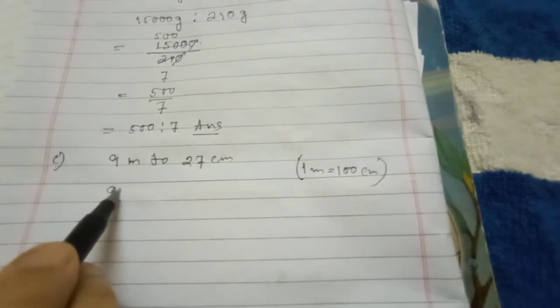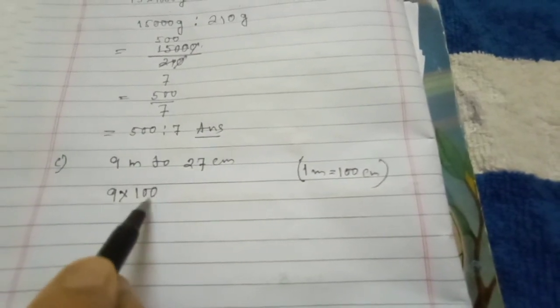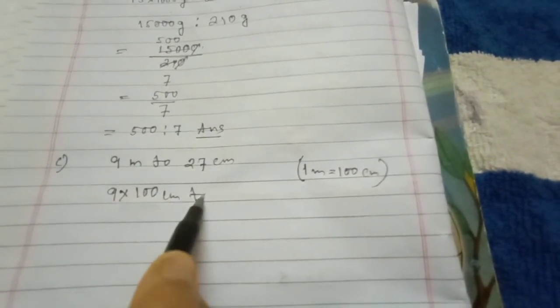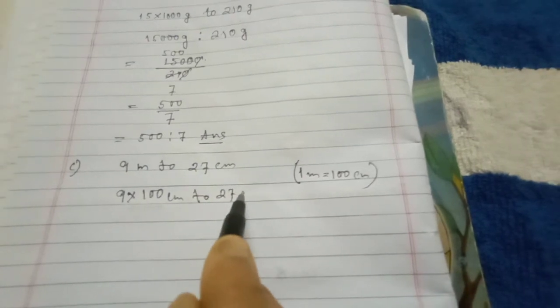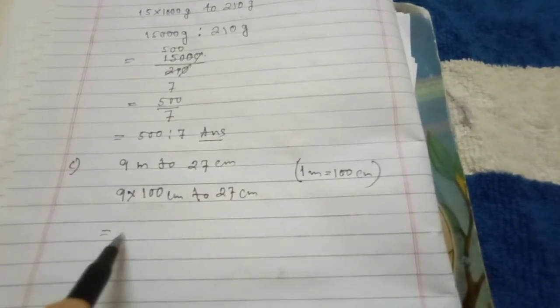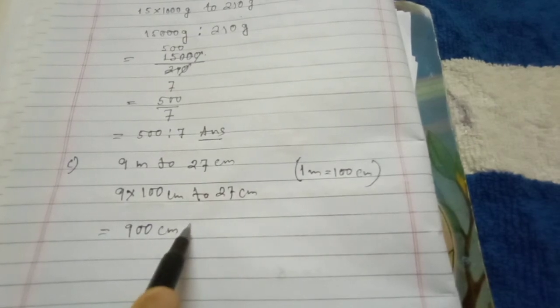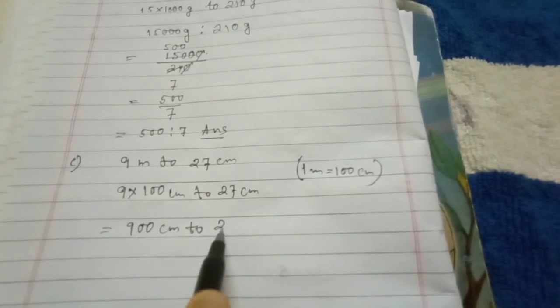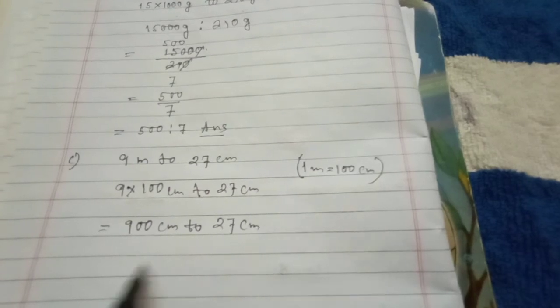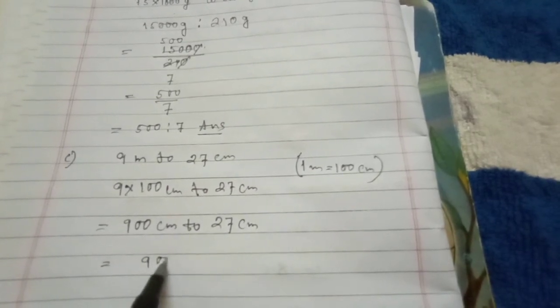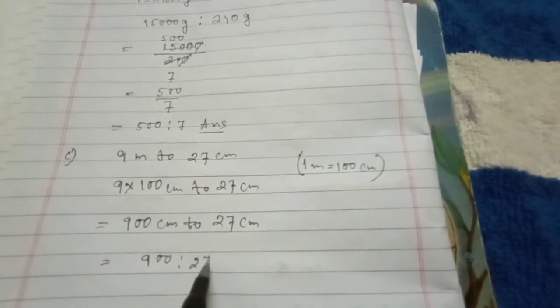So 9 meter is equal to 9 into 100 centimeter to 27 centimeter. That is 900 centimeter to 27 centimeter. 900 is to 27.